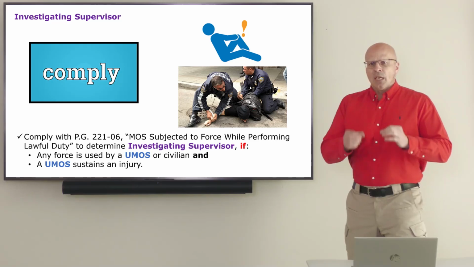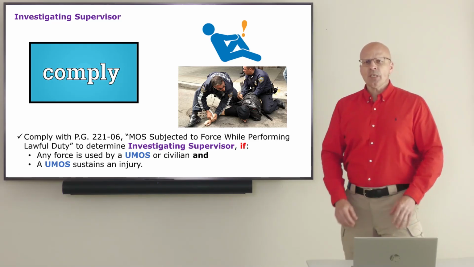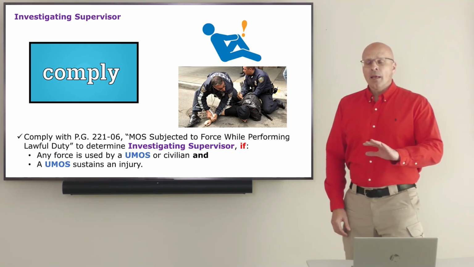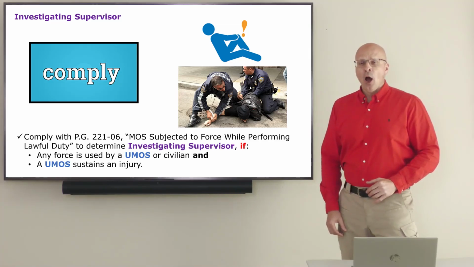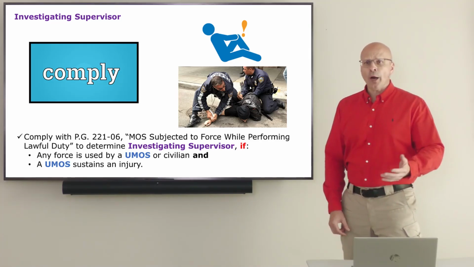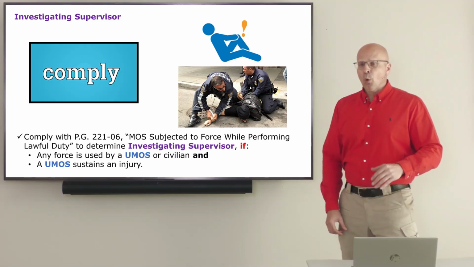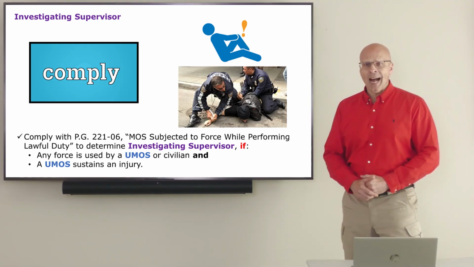You see, if you have a uniformed member of service who is injured and they were not engaging in an arrest, they're just walking across the street and they get hit by a car or they trip on the curb, well, this is the only procedure we'll follow, 330.03.